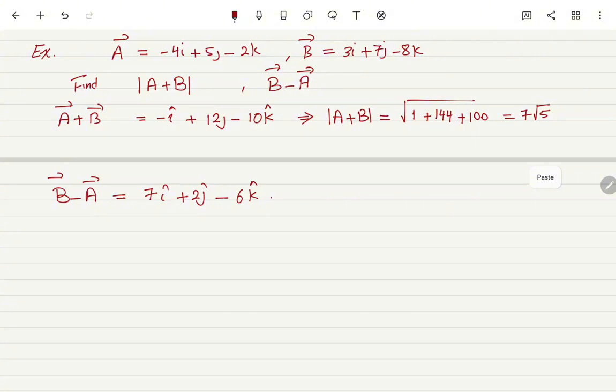If the displacement is measured from the origin to a certain point x, y, z, then the position vector r, which is very important here, is defined as x i hat plus y j hat plus z k hat.